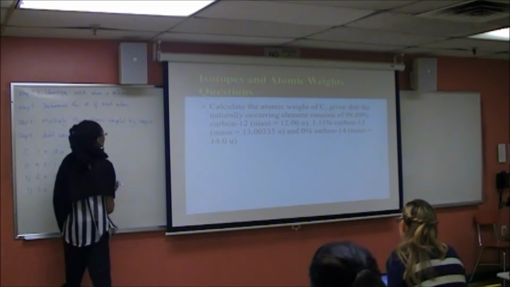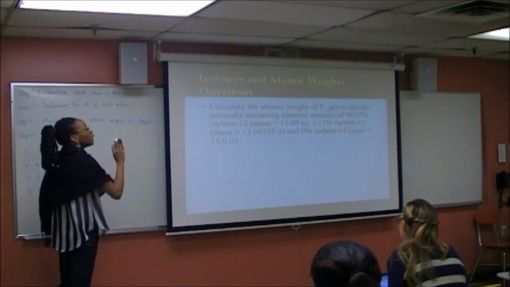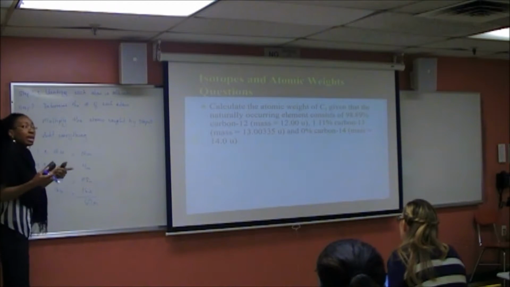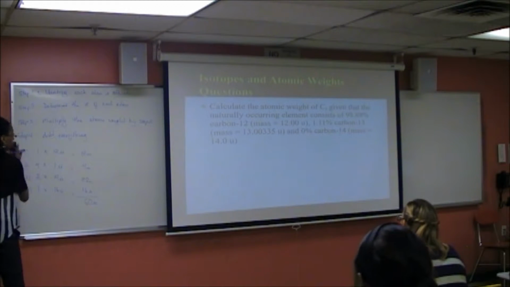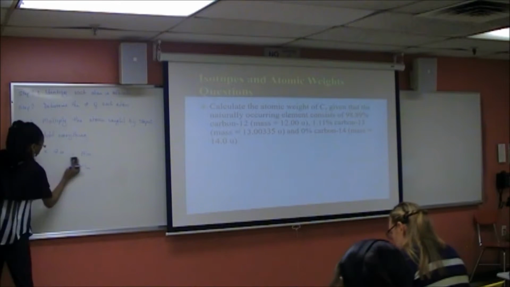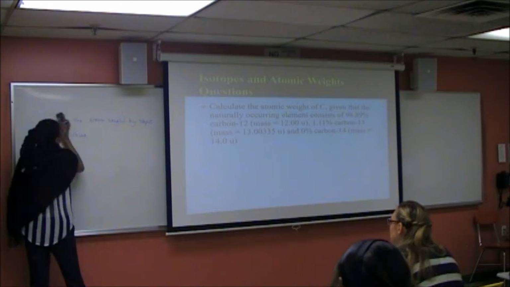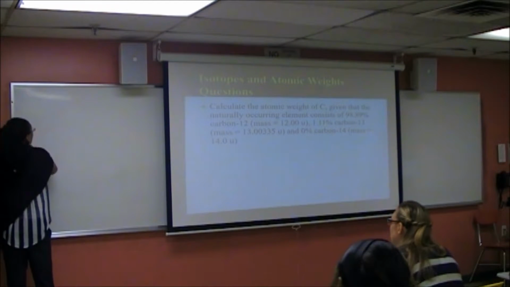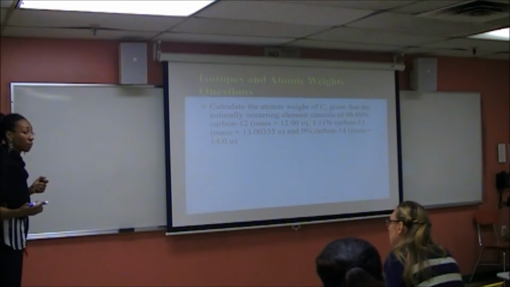So now, how do we calculate what the atomic mass will be based on the abundance? How do you calculate it?